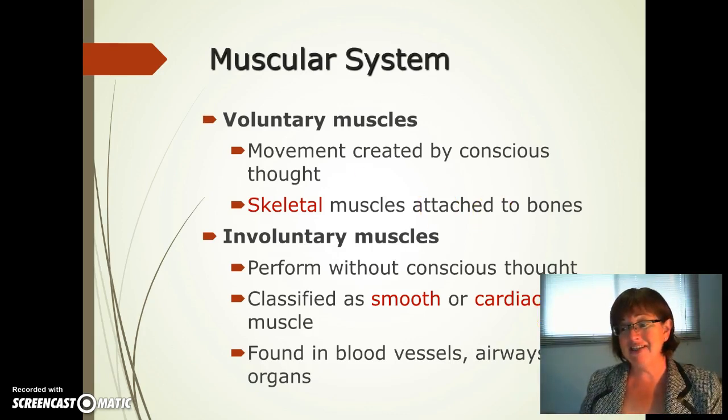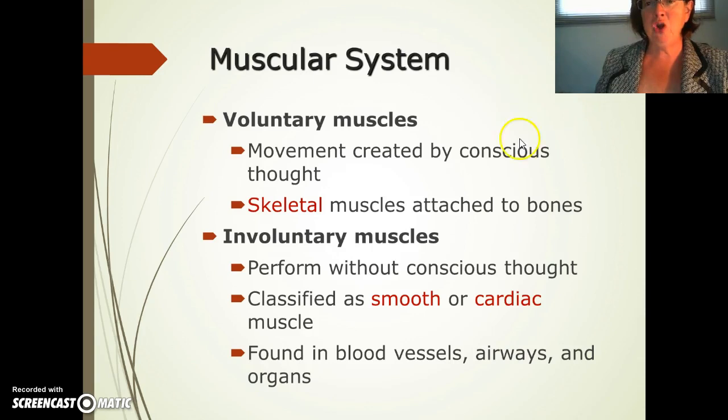Your muscular system has two types of muscle. You have voluntary muscles, which move consciously, which are your skeletal muscles, and then you have your involuntary muscles, which we talked about, which are your cardiac and your smooth muscles. Your muscles are mainly there to help you move. Your skeletal muscles attach to your bone to cause your body to move.